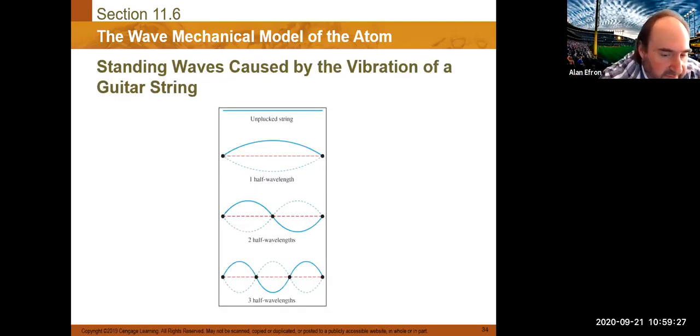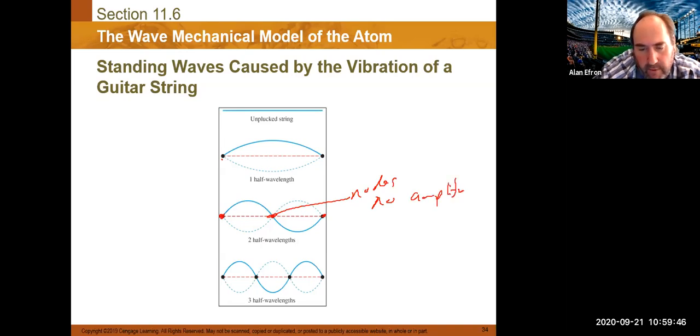And that's what we see here. This is the idea of a standing wave. We have it locked in on both sides, but again, if you plucked it, you can see the wave form. These are sometimes referred to as nodes, and these are points that have no amplitude. Remember, a wave has an amplitude.